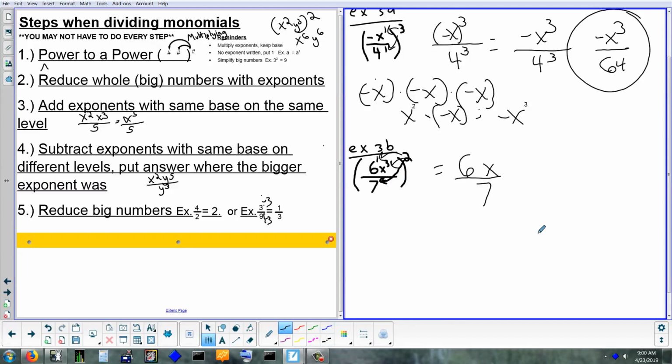What's the small number going to be? When we do power to a power, what operation do we use? If it was something like x to the third times x to the second, we add, right? And we get x to the 5th.